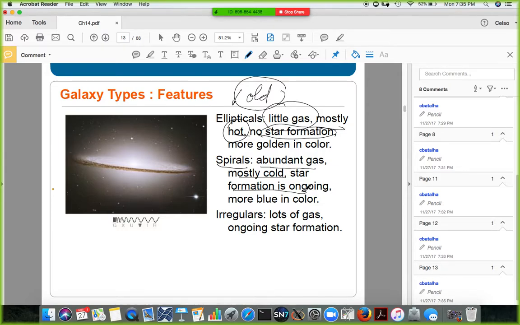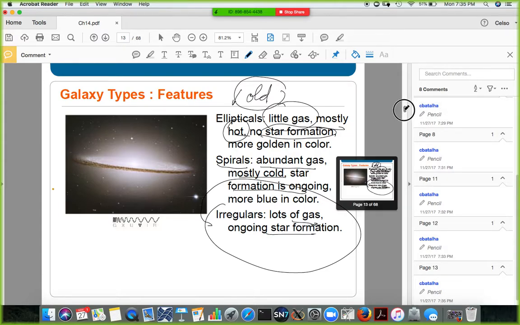We have, let's say, in the statistics, 10 or so stars that are formed in our Milky Way every year, so you can say that in the spiral arms of our galaxy, you have a young population of stars. And in irregular galaxies, since you have lots of gas and the gas is cold, this is very important, you do have star formation going on.